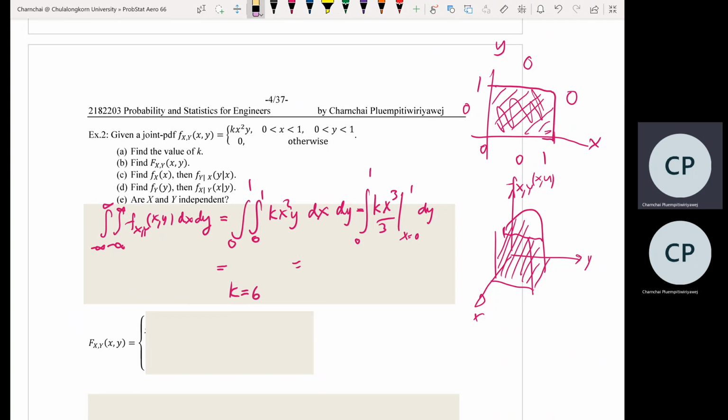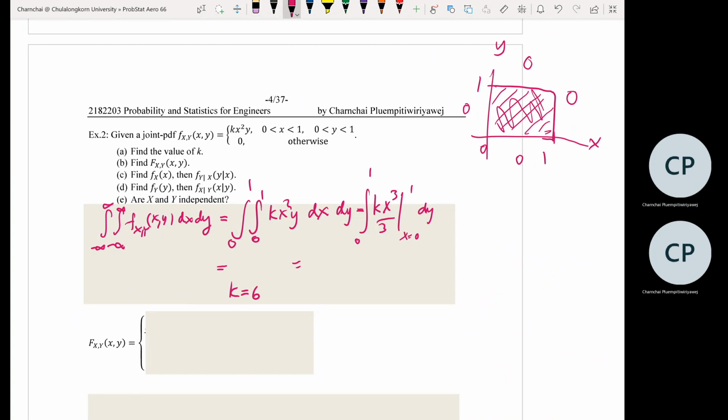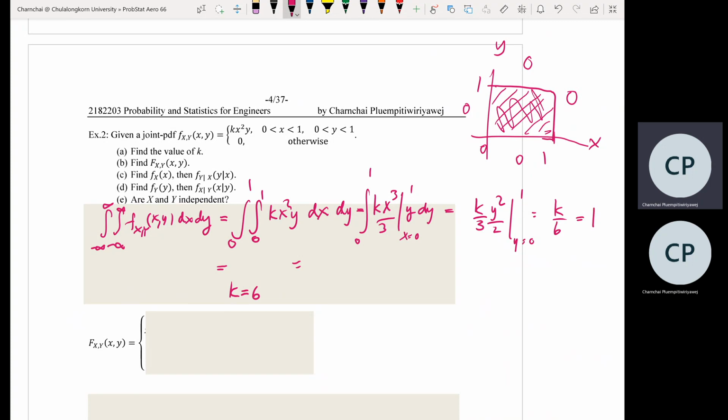Just don't jump ahead, let me show. x is 1, so we got k over 3, and there's a y there. So we got k over 3 times y squared over 2, y from 0 to 1, so we got k over 6, which must be equal to 1. Therefore k equals 6.